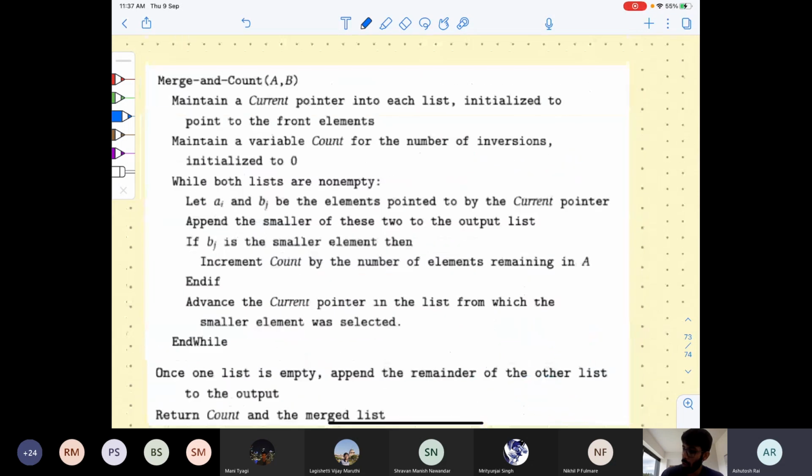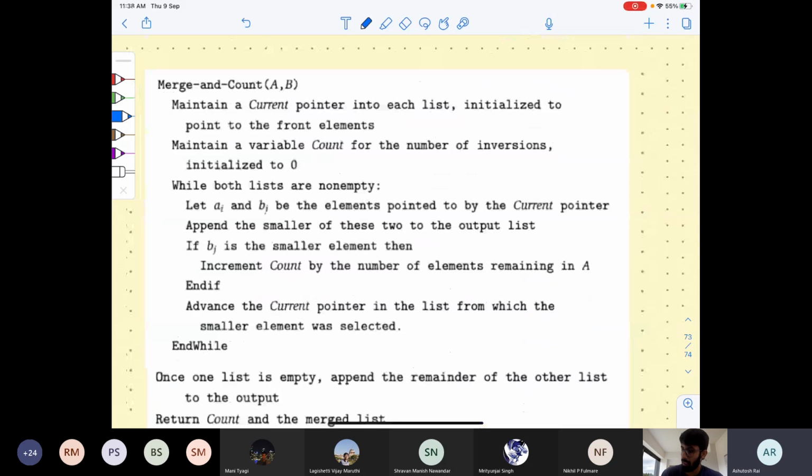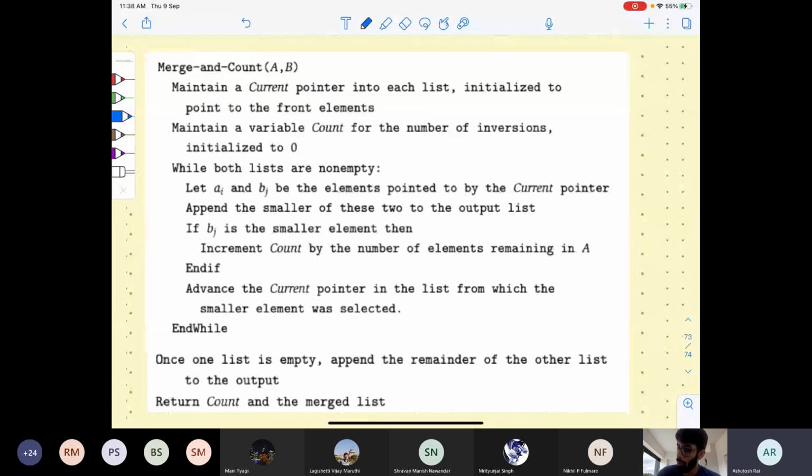Now let's look at the merge and count. Again, it's exactly the same. So maintain a current pointer into each list. As we said, we have two lists. Maintain a current pointer, initialized to point to the front elements.